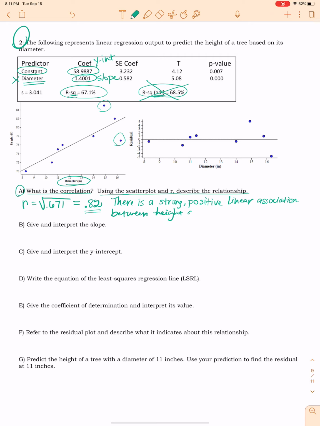So there's a strong positive linear association between height and tree diameter, with a couple of possible outliers.